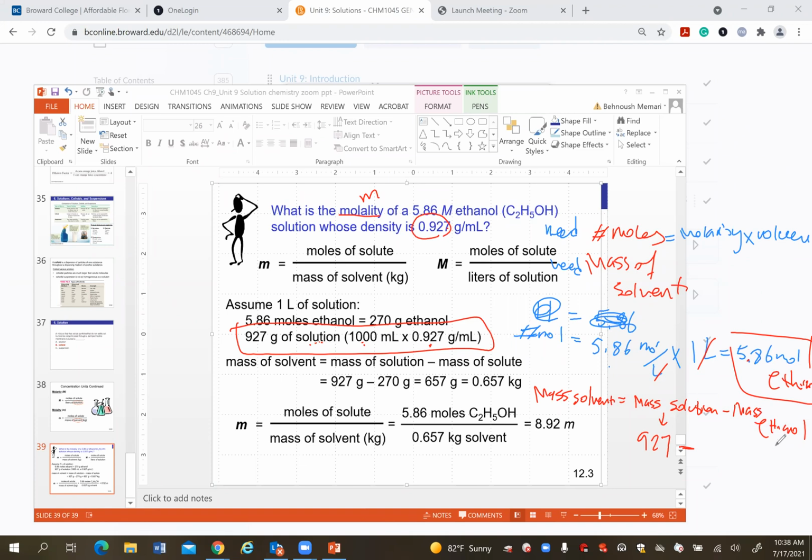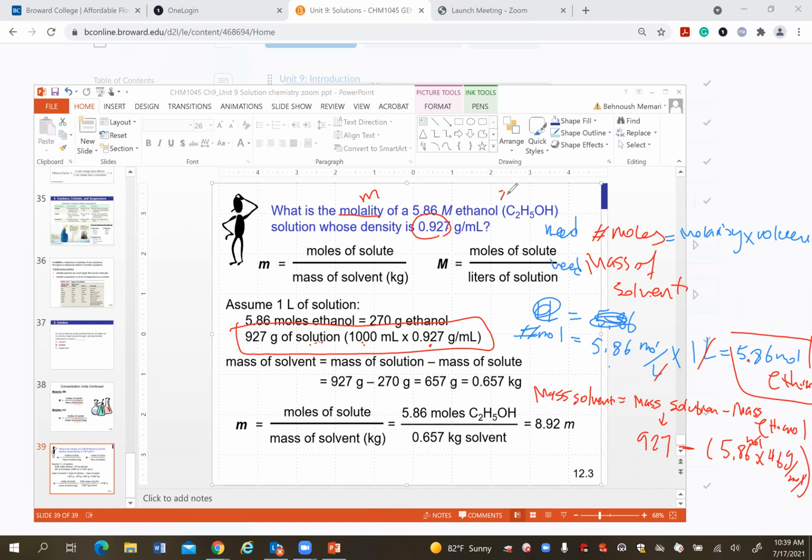How do we find the mass of ethanol? We have the moles of ethanol, but we need the mass of ethanol, and that would be 5.86 times 46 grams per mole. Mole cancels with mole. And how do I know this is the 46?